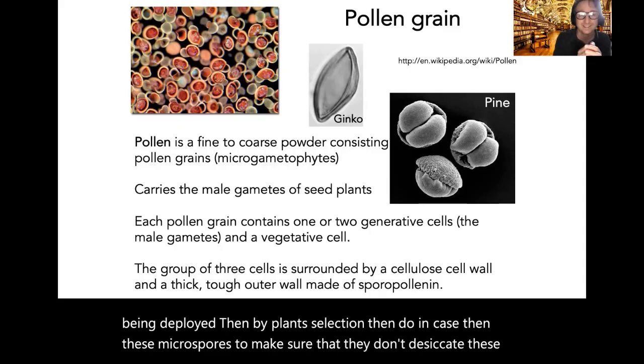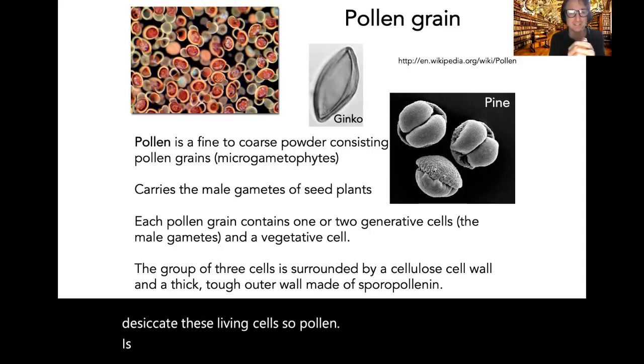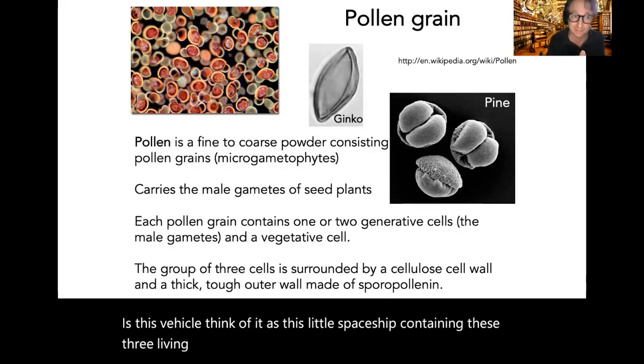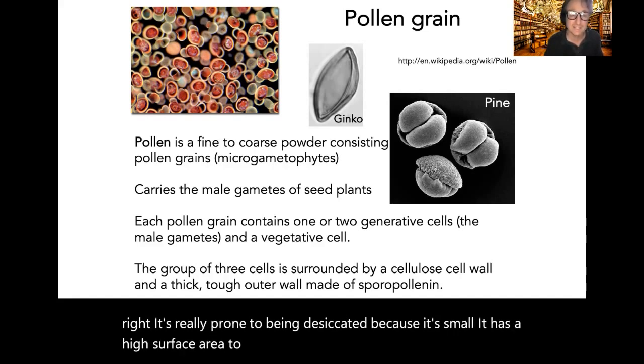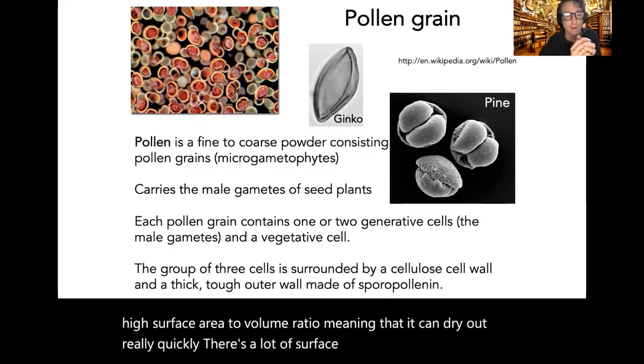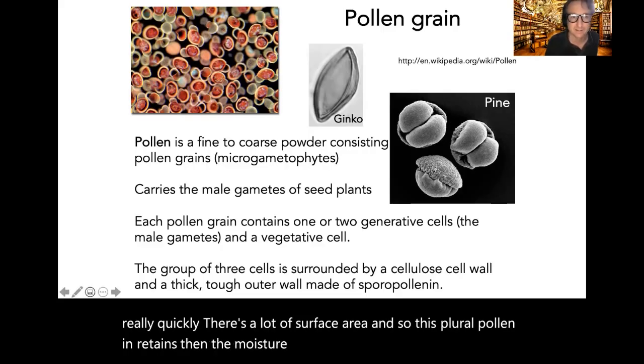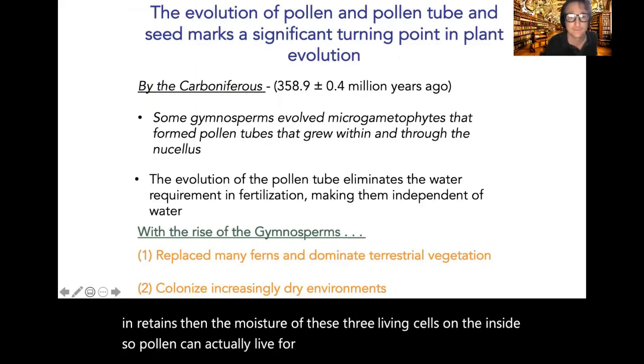Pollen is this vehicle, think of it as this little spaceship containing these three living cells. So pollen is living, okay? And as it blows around, it's really prone to being desiccated. Because it's small, it has a high surface area to volume ratio, meaning that it can dry out really quickly. There's a lot of surface area. And so the sporopollenin retains the moisture of these three living cells on the inside. And so pollen can actually live for a very long time.